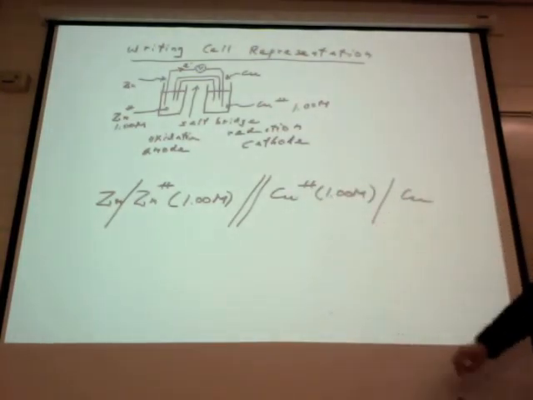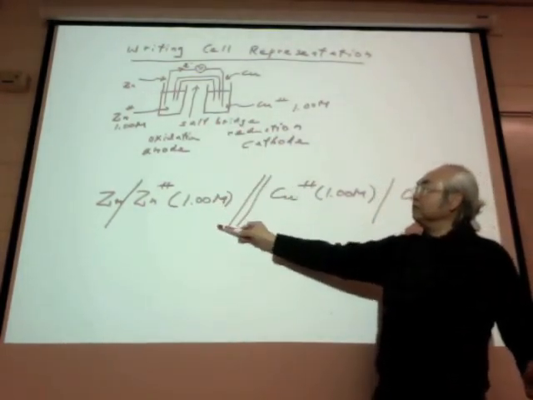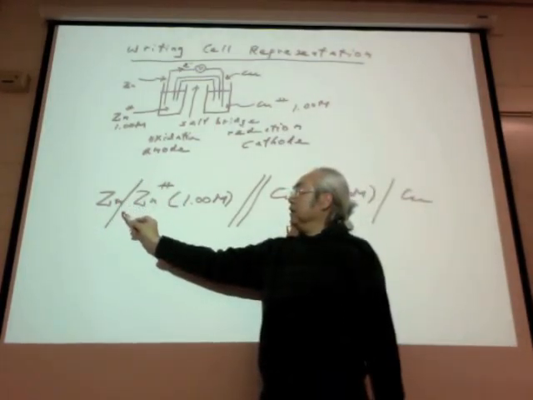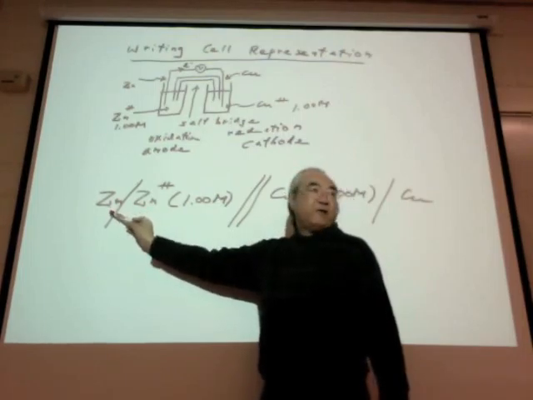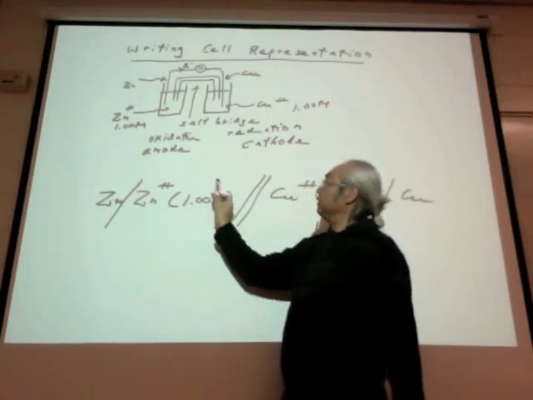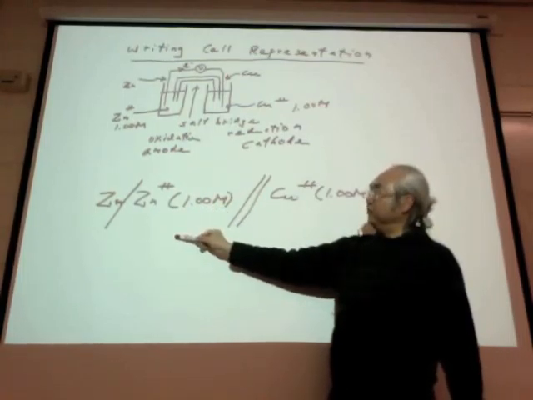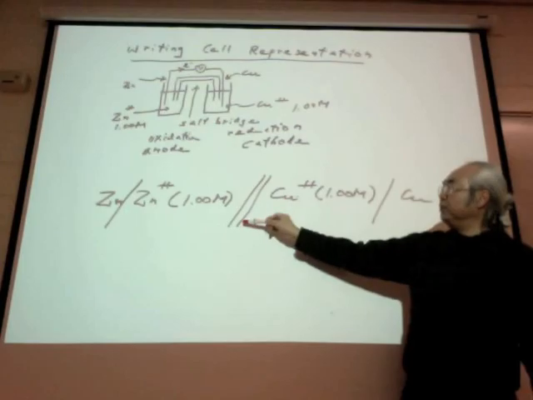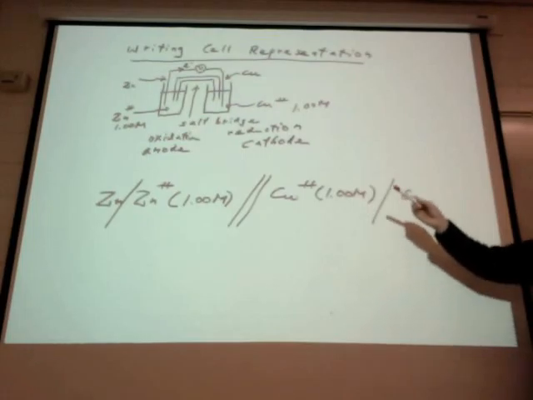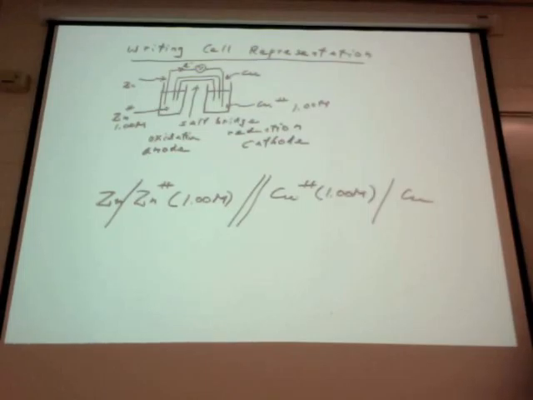Cell representation: drawing that takes time, so why not use shorthand? The slash means the boundary between two different phases, such as liquid and solid. One electrode with concentration is on the left, indicating oxidation as well as the anode. Then the double slashes represent the salt bridge, and then there's the right electrode. Red cat is here, along with the concentration.